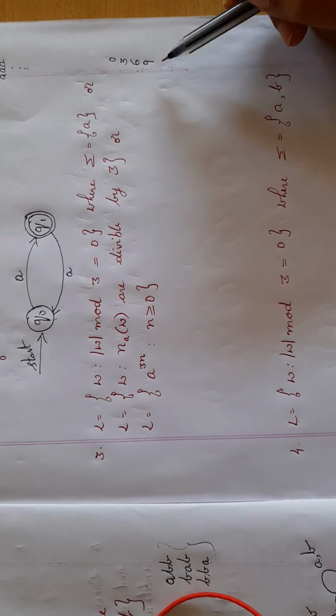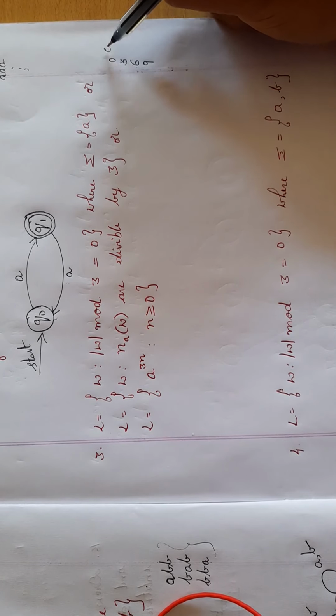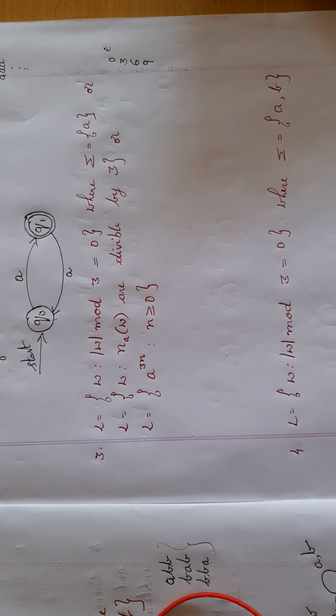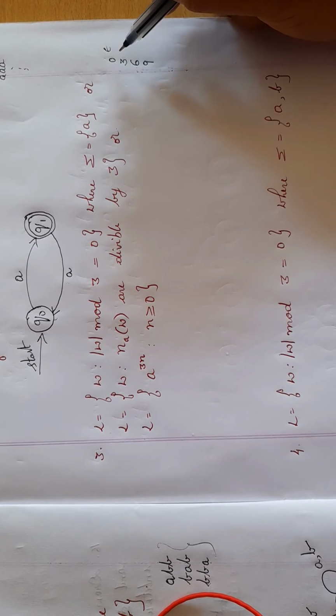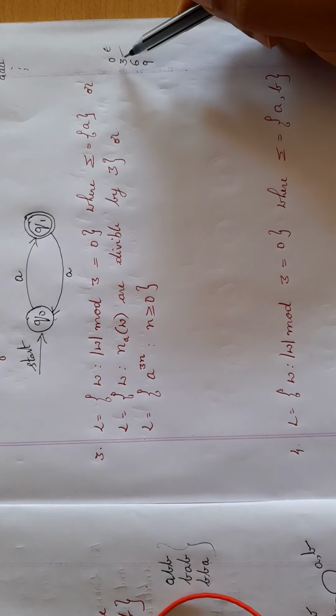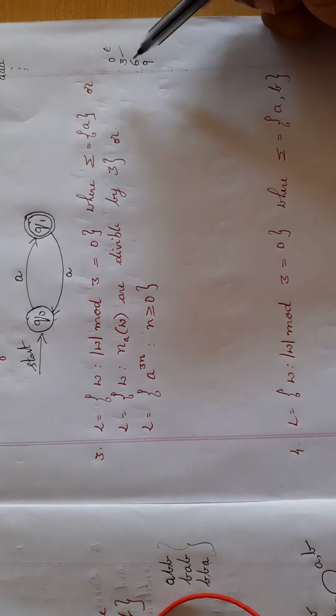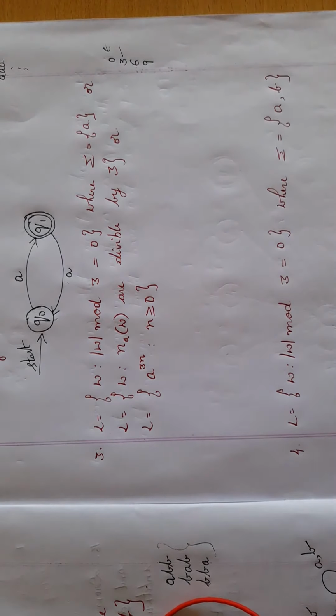So what is the base condition here? Base condition is 0. So what does 0 mean? 0 is nothing but epsilon. What is the next base condition? The next base condition is 3. So we shall write one DFA with respect to this such that it satisfies all other values that are divisible by 3.